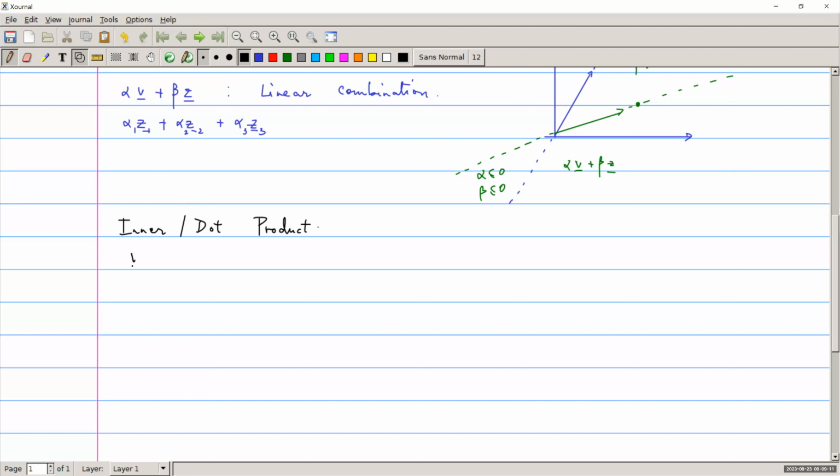So when you look at the dot product, let's say V is x1, x2, I'll keep that. And Z is, once again, with the inner product, only vectors of the same shape can play with each other. Only vectors with the same shape can play with each other. So what is V dot Z?